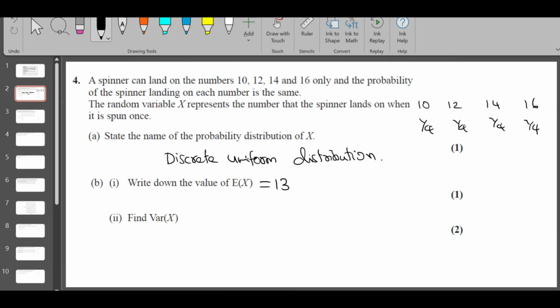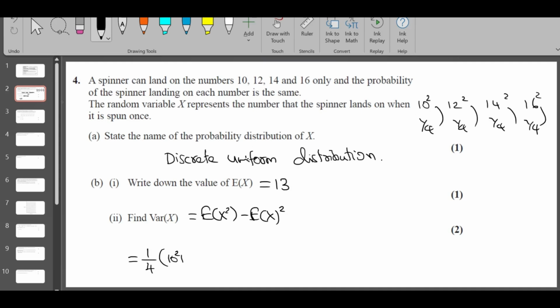But to find the variance of X, you need to use the formula E of X square minus E of X whole square. E of X square: you need to square X and multiply by the probability. So you can take 1 over 4 as a common factor.